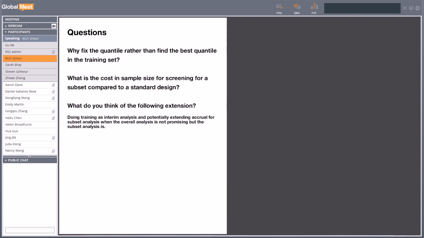Your classifier is based on a cut point, and you use the cross-validation to essentially debias the resubstitution estimate of treatment effect in the adaptively defined subset with that adaptively defined cut point.